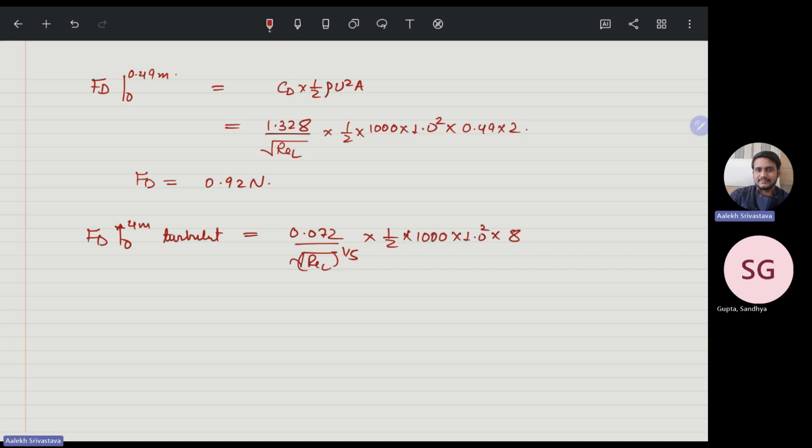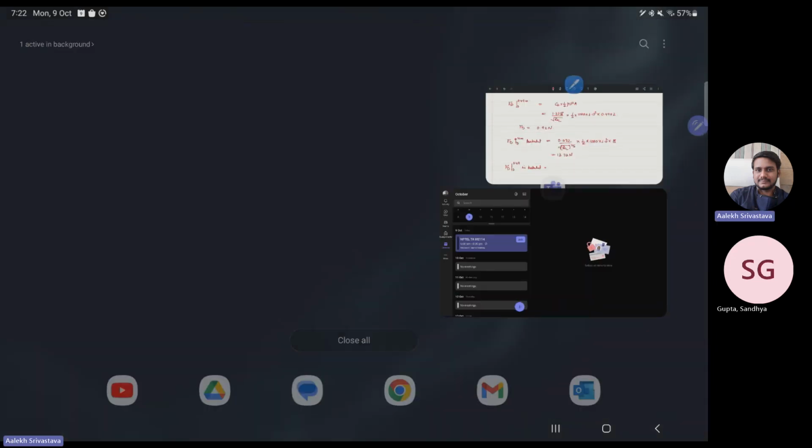If you solve over this entire length, it is 13.72 Newton. And then you need to find the drag from 0 to 0.49 in turbulent. Please solve this. I will be available in 5 minutes. Till then, you solve this part.